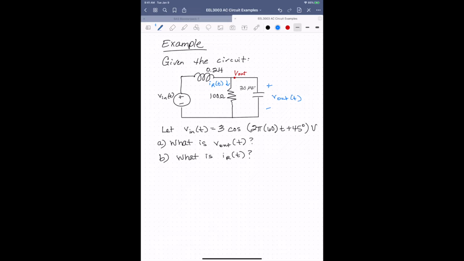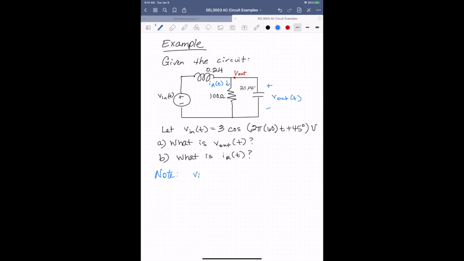We have Vout minus Vin, and I'm dropping the t's here, but we're going to use phasors in just a moment. In fact, maybe we should go ahead and plug in for Vin just to keep our life a bit simple. What is Vin written as a phasor?